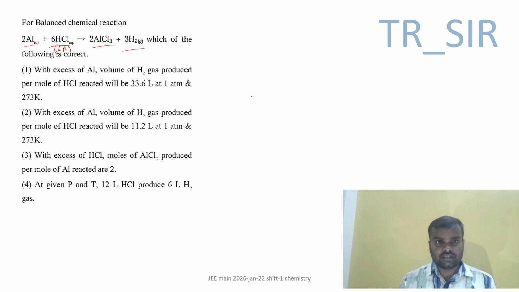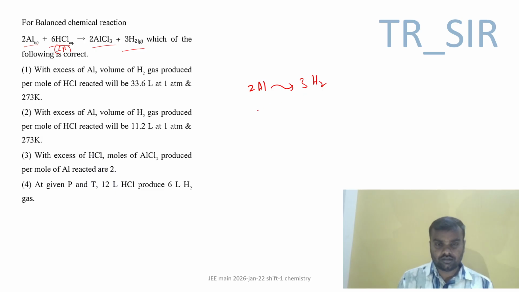So here, let us take aluminium reaction, H2 gas produced per mole. 2 moles of aluminium reacts and gives 3 moles of H2.